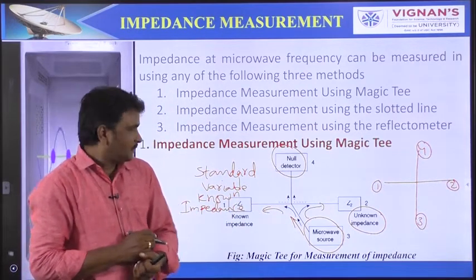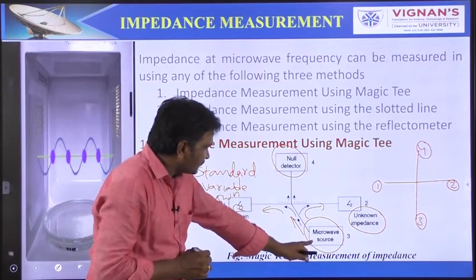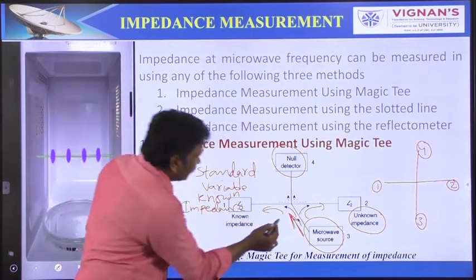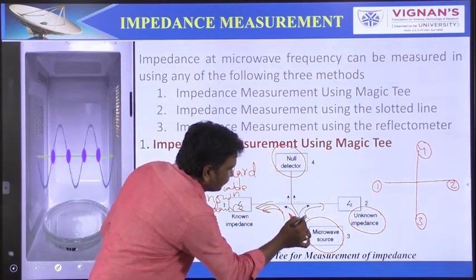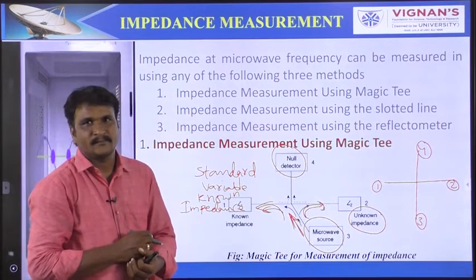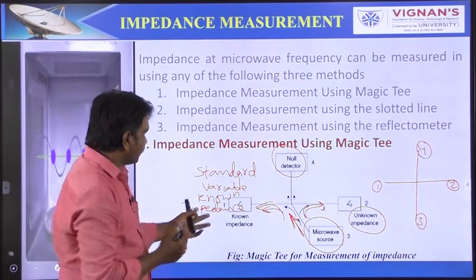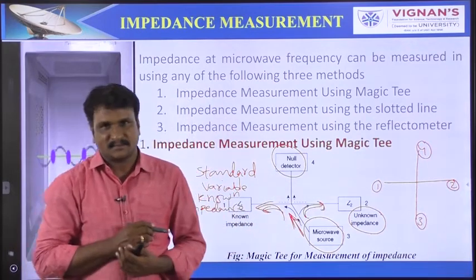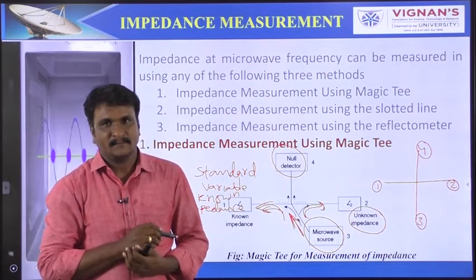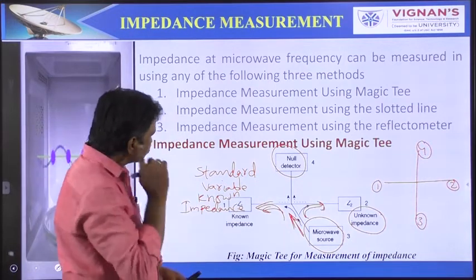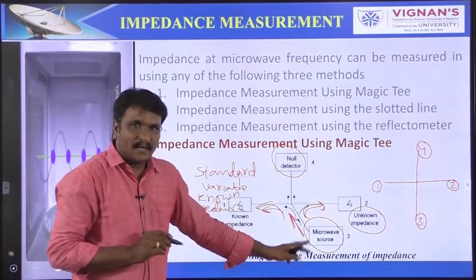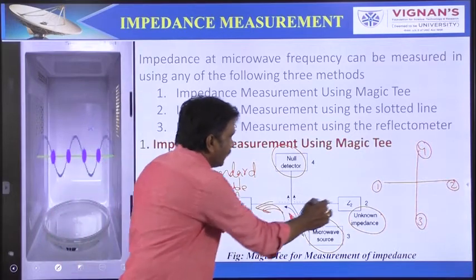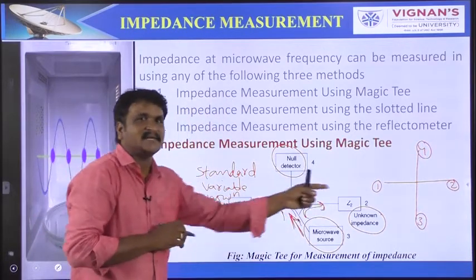If we apply some input at the third port, what happens? The power is equally distributed between port 1 and port 2. From this, we can conclude that Z1 impedance equals Z2 impedance. If we apply input at this port, we get equal outputs coming out of the first and second ports.